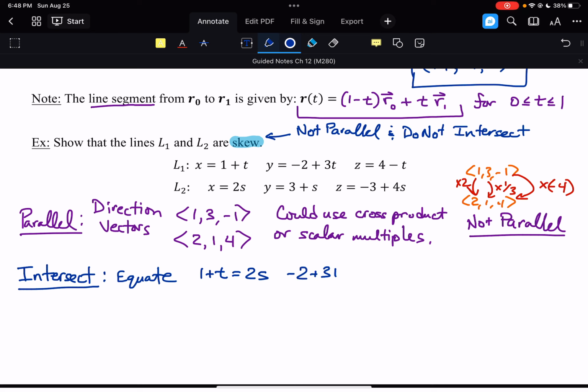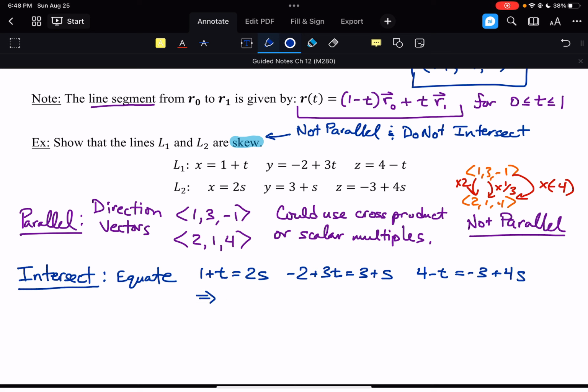-2 plus 3t equals 3 plus s. And 4 minus t equals negative 3 plus 4s. So now we need to solve this system of equations here, these three equations, for t and s in any way that we can.